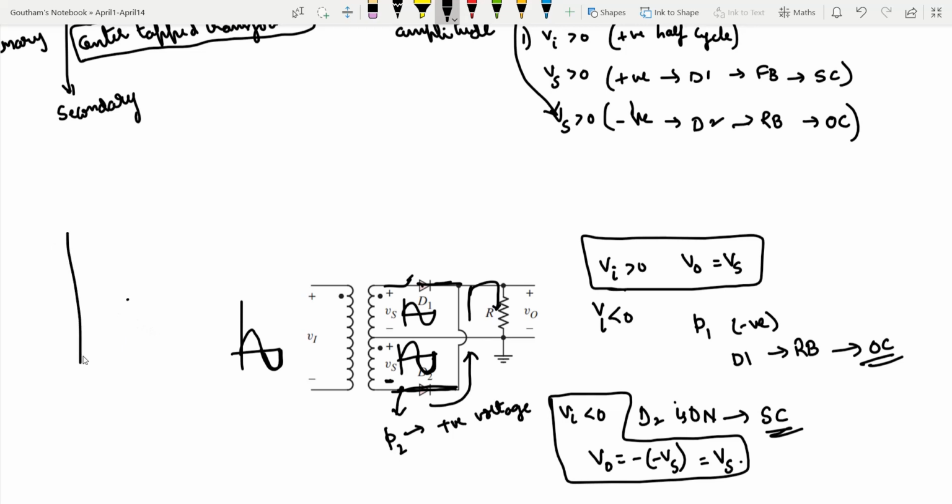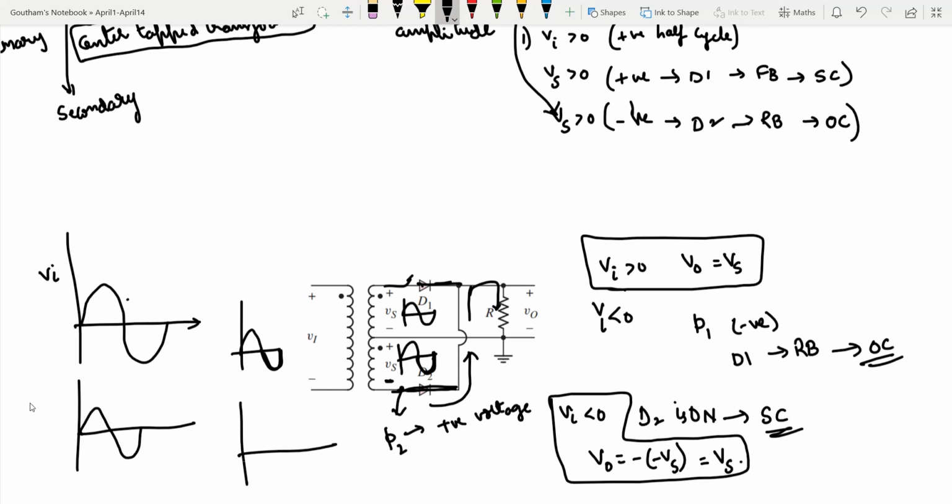So if we plot those waveforms, if this is Vi, and this is the secondary winding, this is Vs. So what is my V out?